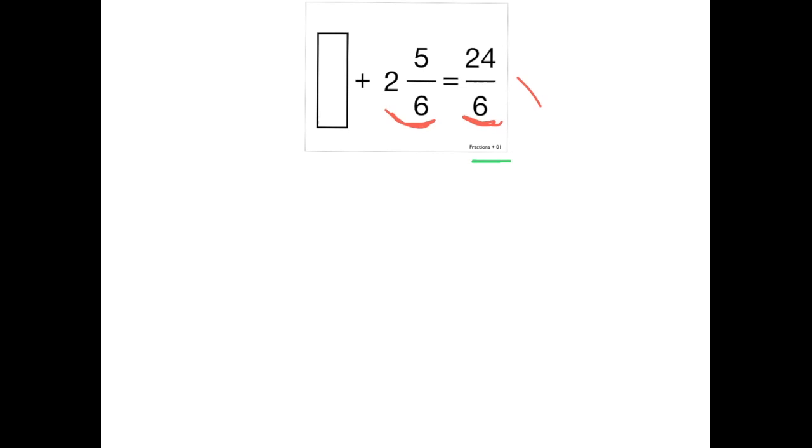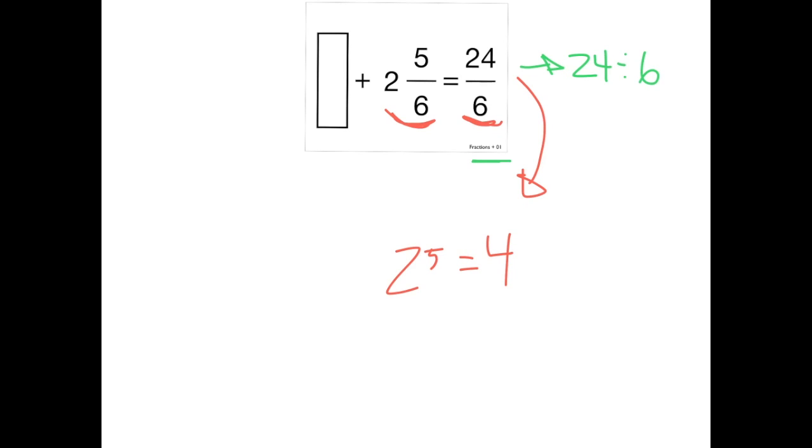But the sum in this deck of cards is always a whole number represented as a fraction. So I'm really encouraging students to look at the relationship between 24 and 6 and think about it as a division. So 24/6 is really 24 divided by 6, which is 4.